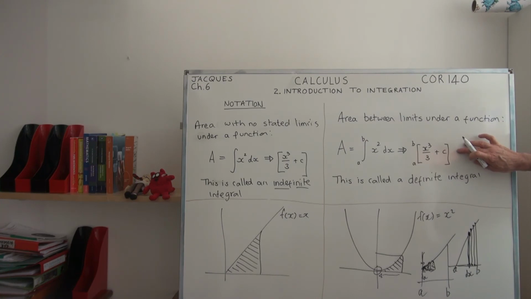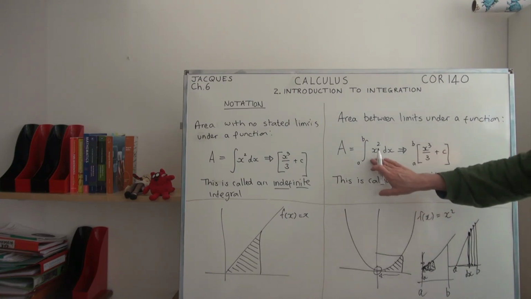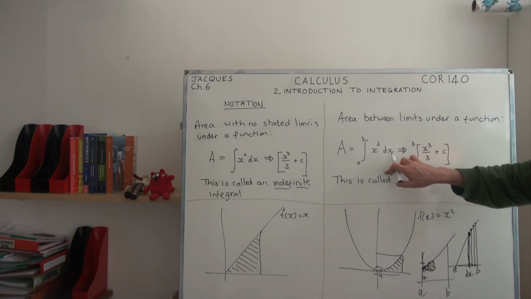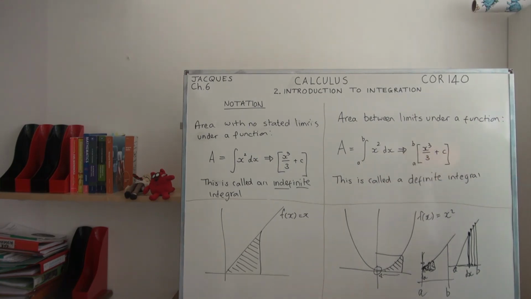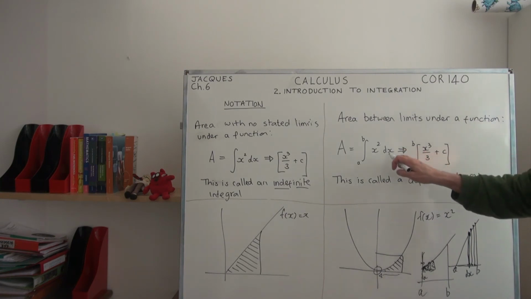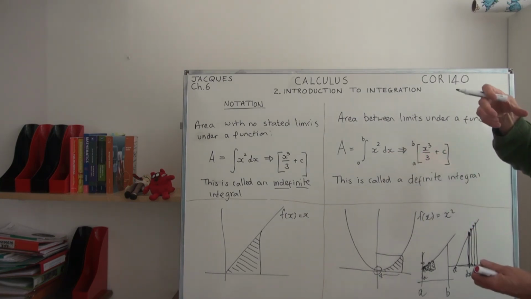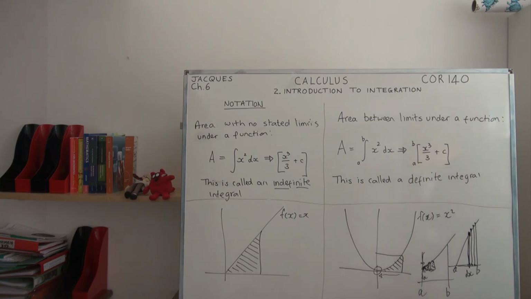So what we're doing then is we're taking the function x squared, we're choosing a value of dx which is so thin that the height of the function is the one side of a rectangle, and the dx is the base of that. You multiply the two together, you get an area, and then you add up all those individual areas under a curve to get the total area.